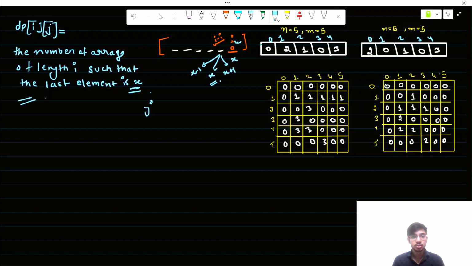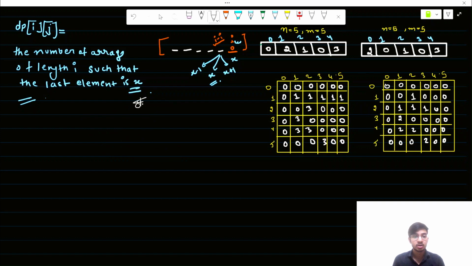Okay, so if you choose j, there are possibilities that the previous element is going to be j minus 1, or the previous element is going to be j, or the previous element can be j plus 1, right? So let me write it.